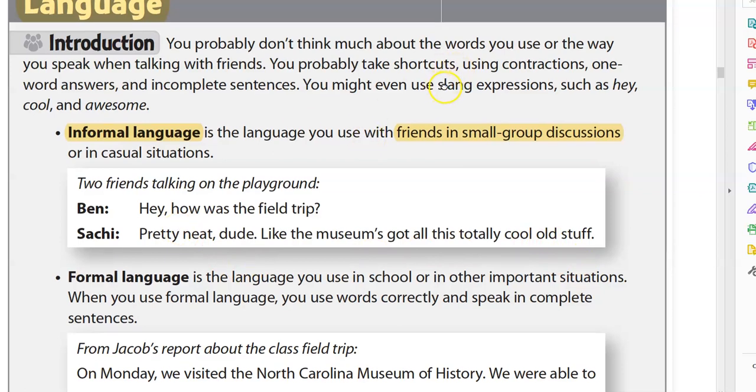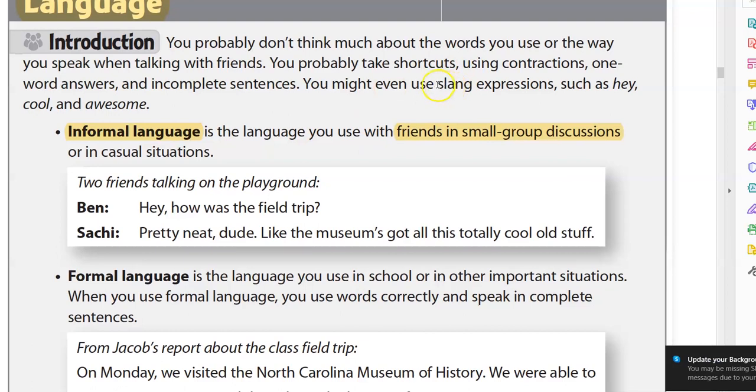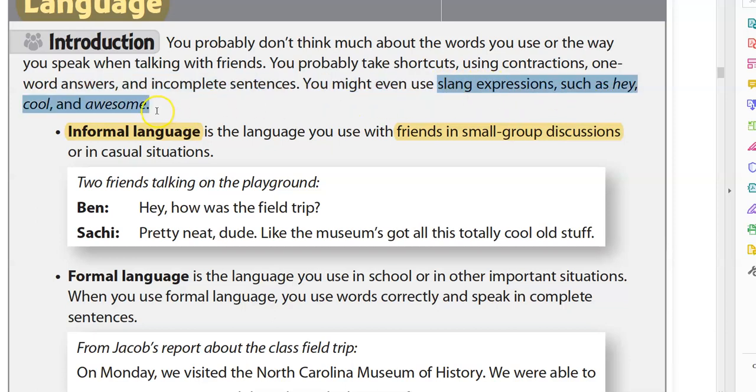Up top here, we have informal language includes slang expressions such as hey, cool, and awesome. Ben uses the word hey. And Sachi uses the words totally cool. I would use the words totally cool with a friend, but not with my teacher or my boss.